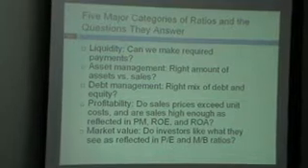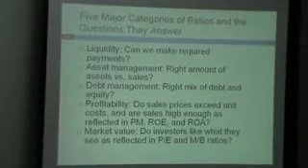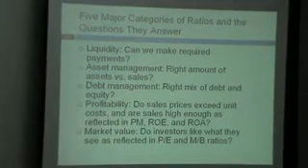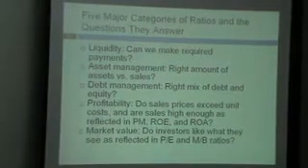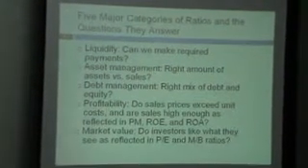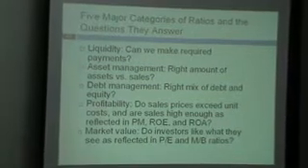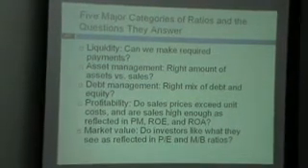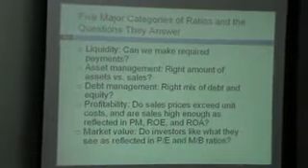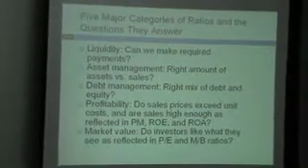So profitability ratios, and then the fifth category is market value. Do investors like what they see, as reflected in the price earning ratio and market to book value ratio? So market value ratios tell us how the investors can look into the performance of the company.